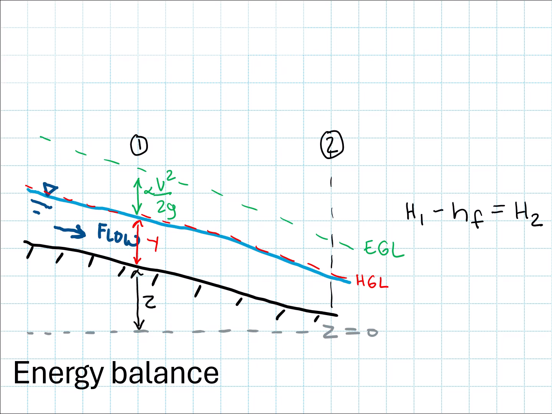And so then if I substitute in the values for total head in the open channel flow, then I can write my energy balance equation as the sum of pressure head, which of course is going to be my depth of flow in the channel at cross section 1, plus velocity head plus elevation head minus any energy loss to friction. And now this is going to be equal to the sum of my 3 energy terms at cross section 2.